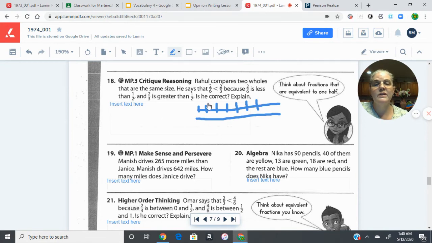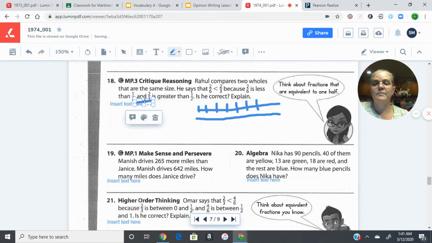So we've got 1, 2, 3, 4, 5, 6. So this should be the halfway mark. If we broke this into thirds, we'd have 1, 2, 3. And then 2/3 would be closer to the whole thing.